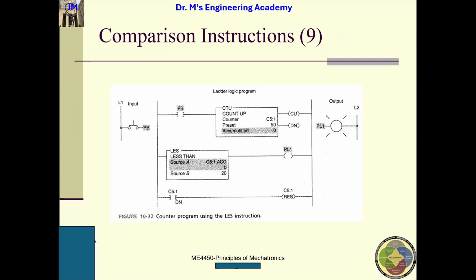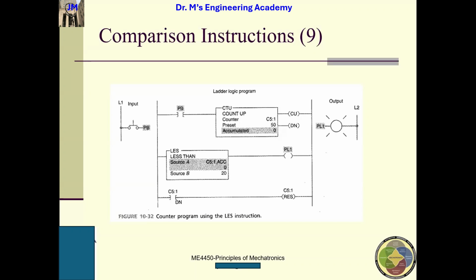So this is a counter. If this one is turned on, the CTU and CTD, both of these two, are triggered by false to true transition. Do you guys still remember? So if I press this one, this CTU is triggered, the preset value is 50. Then this triggers the counter 1 to be reset.